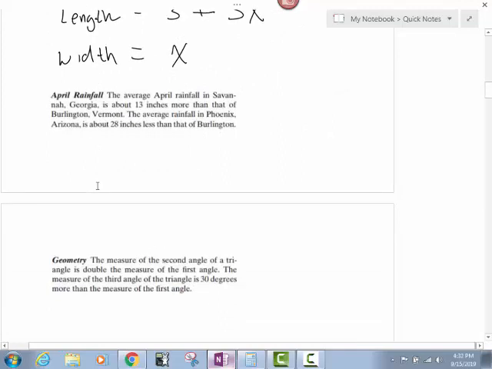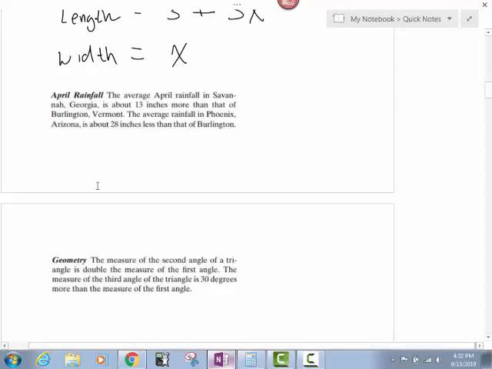April rainfall. The average April rainfall in Savannah, Georgia is about 13 inches more than that of Burlington, Vermont. The average rainfall in Phoenix, Arizona is about 28 inches less than that of Burlington.